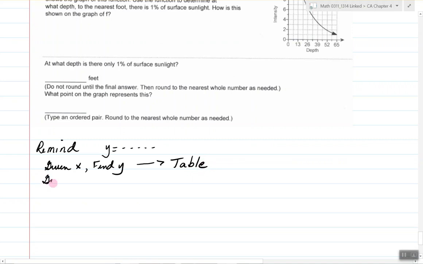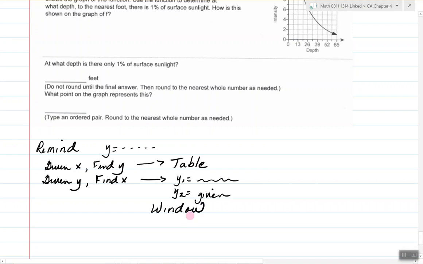But if you are given a y and asked to find the corresponding x, you have y1 and y2. You put that second y value that you're given down here. This is the given one. This is your formula or your function. The hard part is sometimes adjusting a window, and then you do second calc intersect.